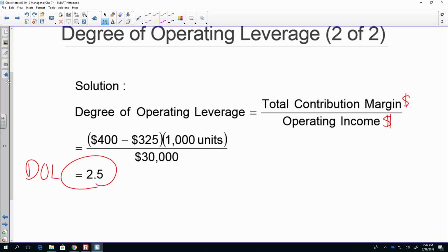And where am I at? I'm on page 361 yet. And the question is, what happens to profit when sales increase by 40%?